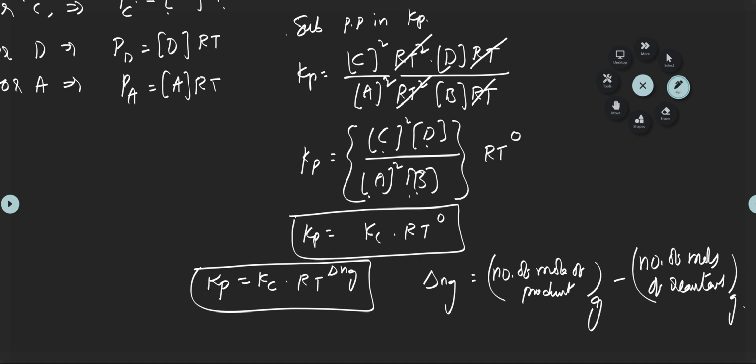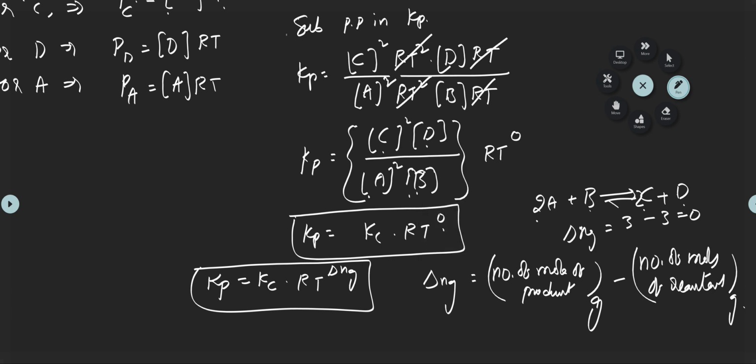The reaction we have taken is 2A plus B gives rise to 2C plus D. What is delta Ng here? All will be gas state only. Here 2C and 1D, total 3 moles of product. Reactants 3 moles, so the difference is 0. That's why we are getting RT power 0.